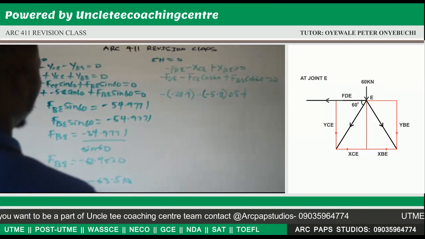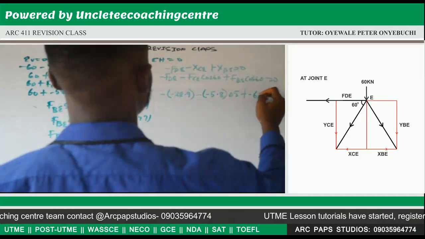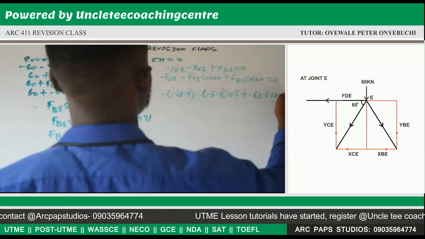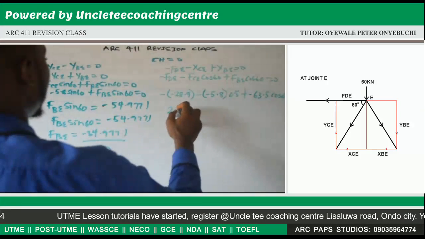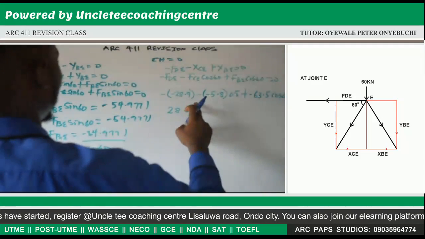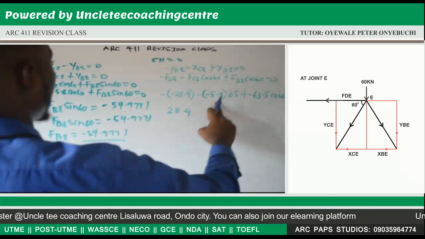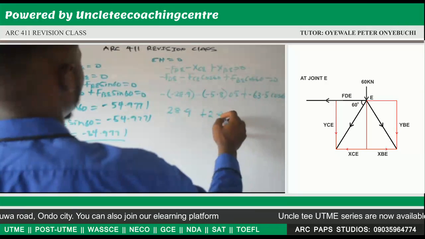We have gotten our FBE here to be minus 63.5. Minus 63.5 cos 60, which will give us 0. Now minus times this will give us 28.9. Now minus times minus, that is plus 5.8 times 1 over 2. That will give us 2.9.